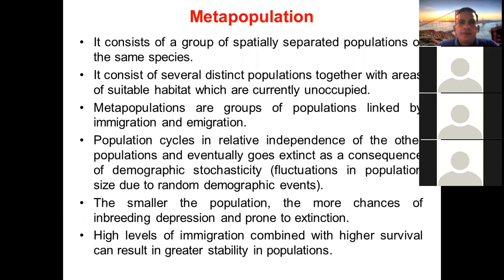However, if there is a large population in that area, then at least a few may survive those adverse conditions, those natural calamities. So high levels of immigration combined with higher survival can result in greater stability in population.